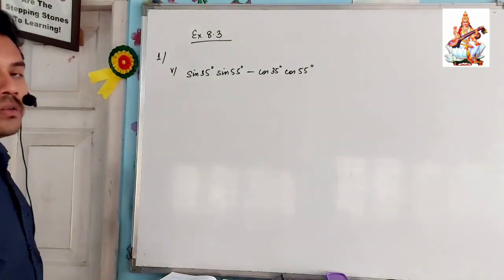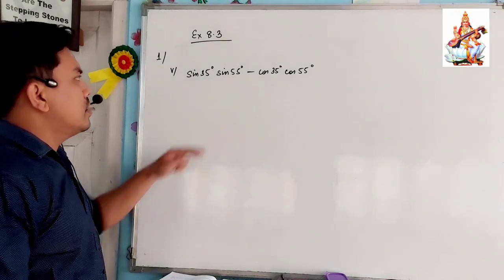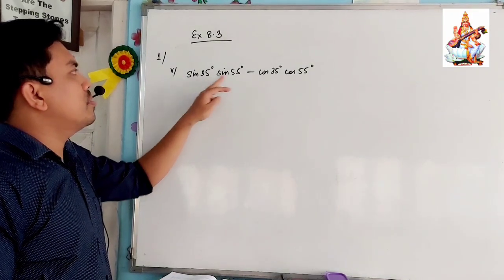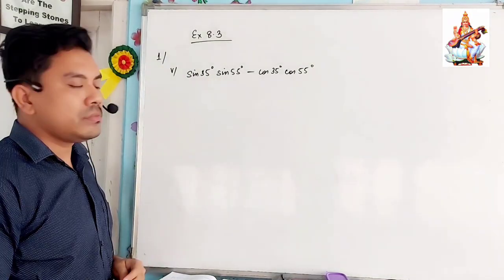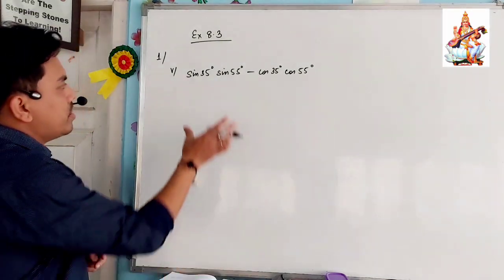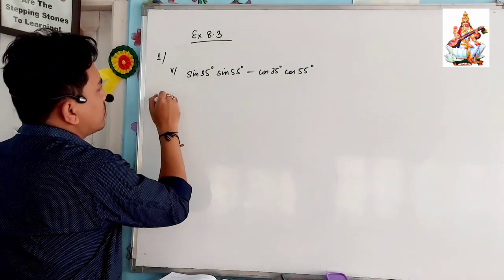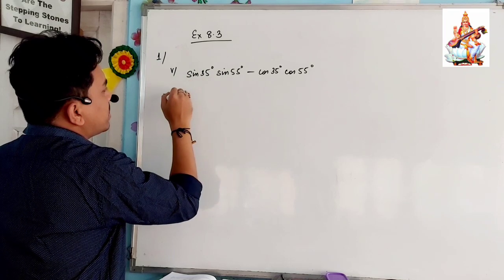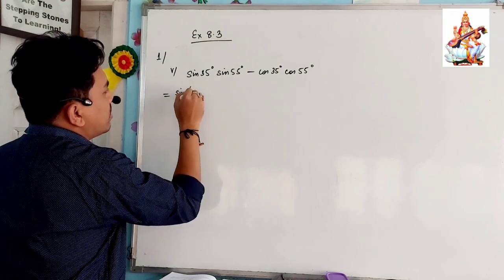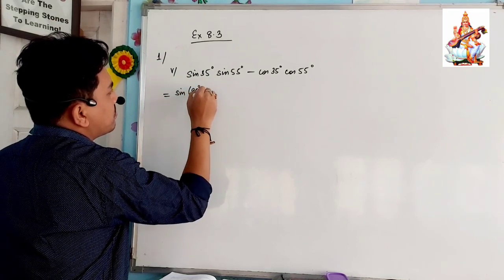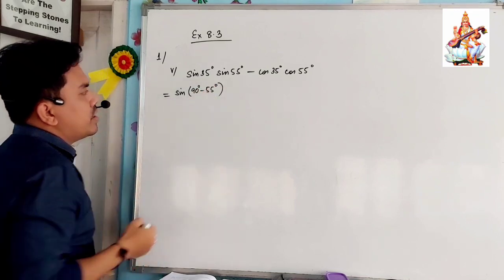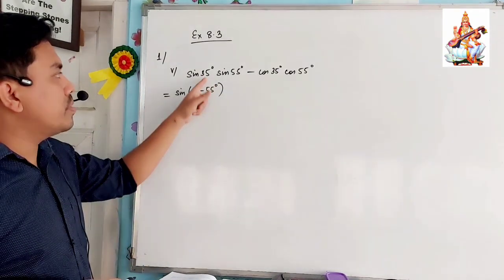Okay, so here also we can see that the sum of these two will be what? 90, isn't it? So what we'll do, we'll be converting in this one. Okay, so sine 35, can we write sine 35 as sine 90 minus 55? Can we write? Yes, 90 minus 55 will give you what?